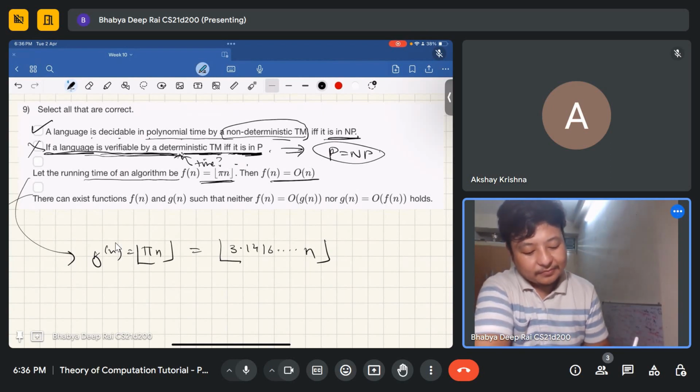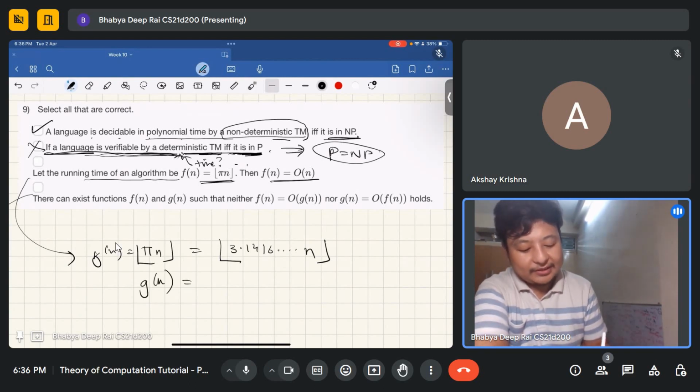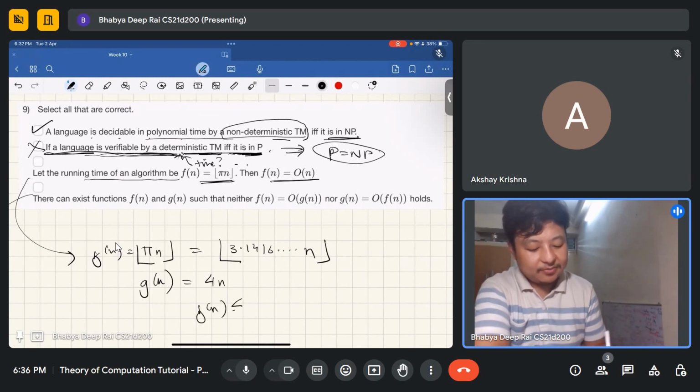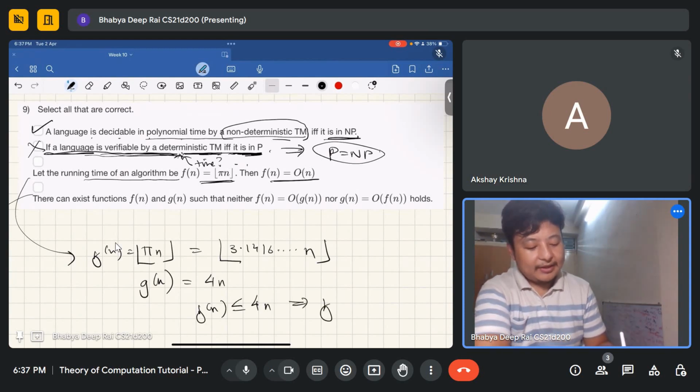Now what I can do is look at G(n), which is 4 times n. Obviously, F(n) is at most 4 times n, which implies F(n) is equal to O(n).